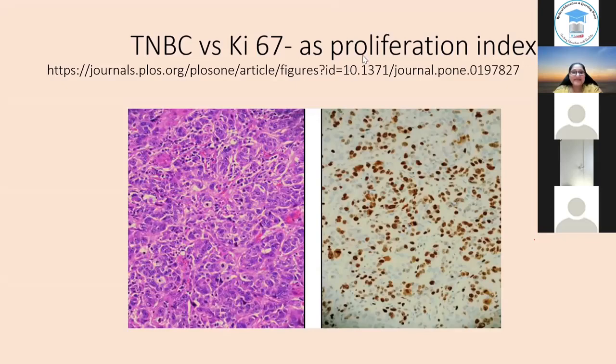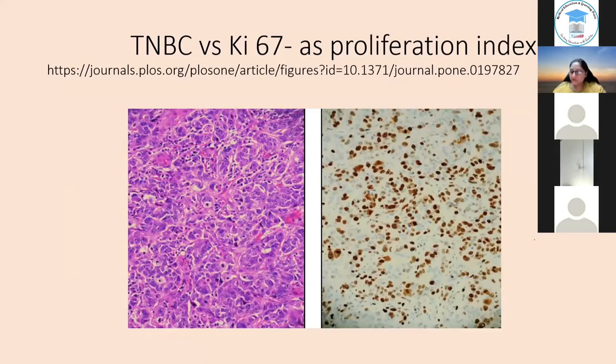As we do ER, PR, HER2/neu routinely, we also do Ki67 routinely. So it is not IHC3 but IHC4. Ki67 is the fourth IHC which is coming into routine. We always do ER, PR, HER2/neu, and Ki67 while signing out breast cancer reports, because we need to have the proliferation index.